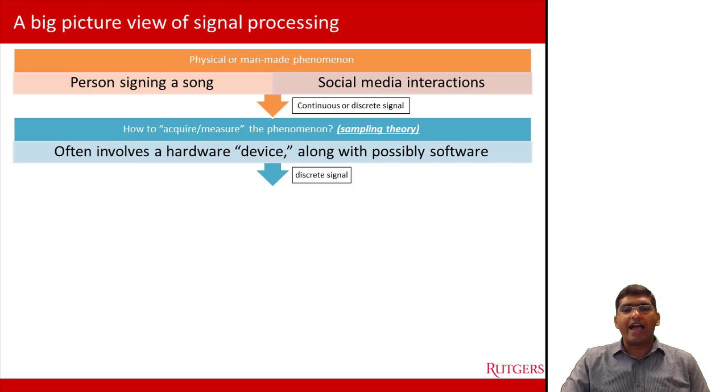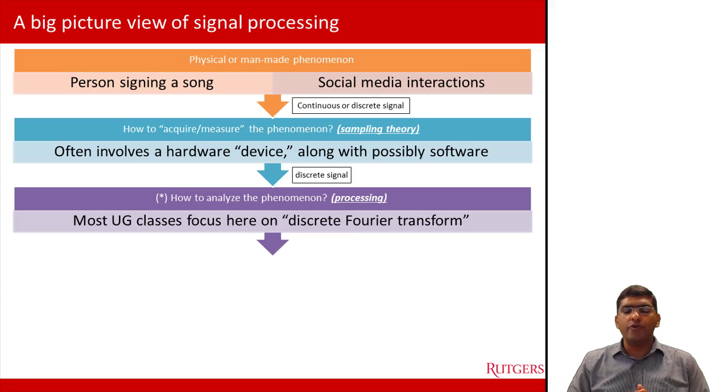Now, once you have this discrete signal available to you, then you can ask different questions. For example, one question you could ask is, how do you analyze the phenomenon? So you use that signal and you process it to analyze the phenomenon. Now, most undergraduate classes for processing focus on discrete Fourier transform or short-time Fourier transform and things like that.